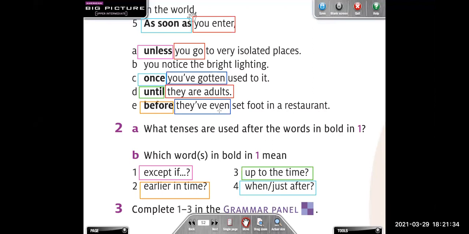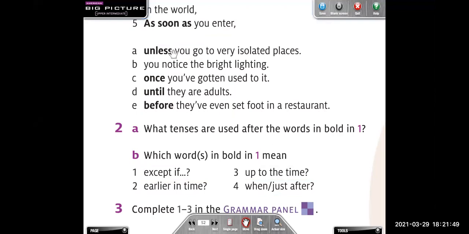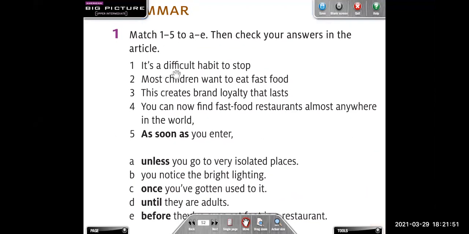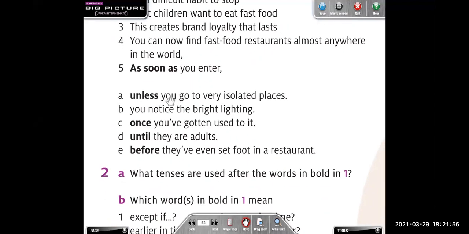When we have a statement, a main clause with will or going to, the subordinate clause is in the present simple or in the present perfect. Okay? Si tenemos una oración con futuro o con going to, la siguiente clause es en presente simple o present perfect, right?